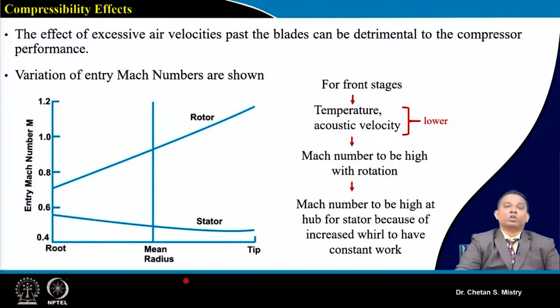If we compare for the rotor, my entry Mach number is lower near the hub region, and it is higher near the tip region. And for the stator, it is the reverse configuration, we are having our entry Mach number larger, and that is because of the constant work loading and the whirl component coming into the picture. So this is representing how my entry Mach number is varying along my span, along my radius.